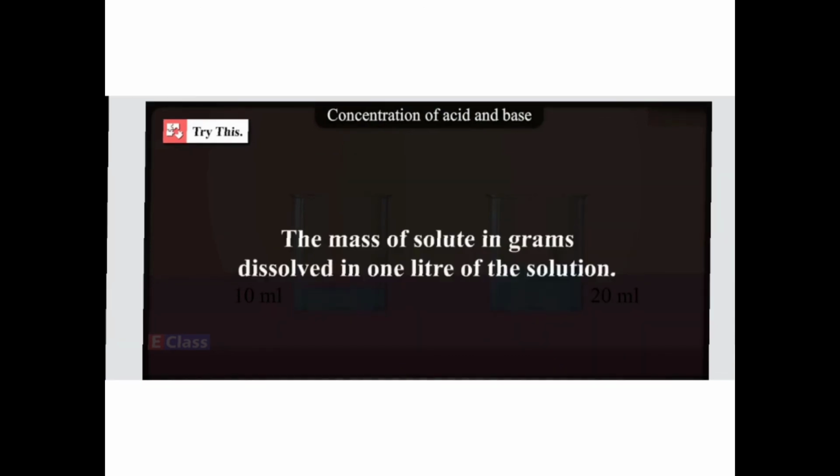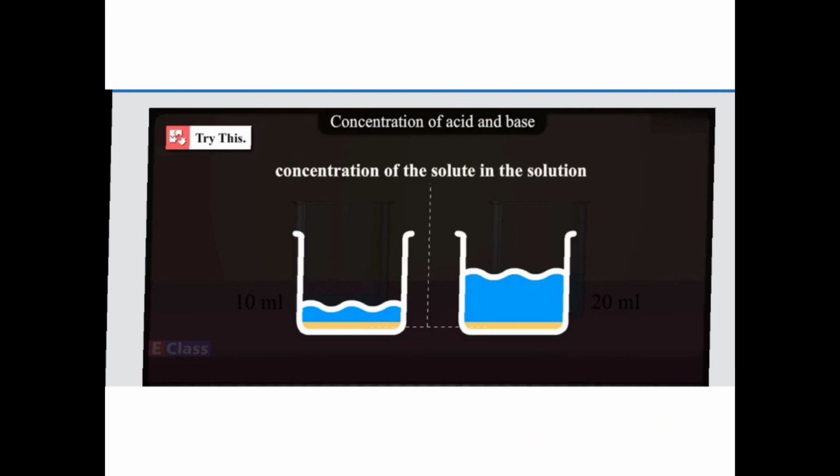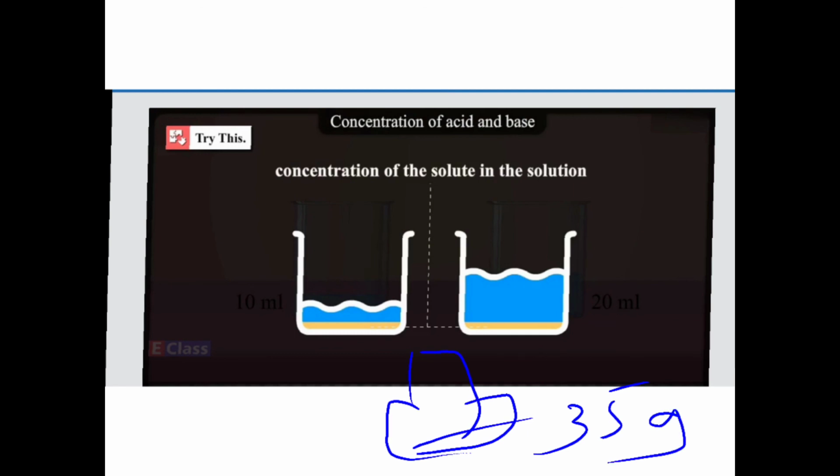Suppose you have a bottle of 1 liter of water. In this bottle if you have 35 grams of salt, then you can say that the concentration is 35 grams per liter. That is what normal sea water has.